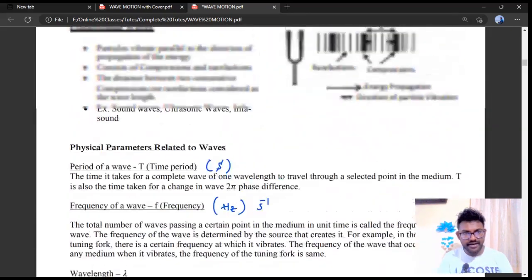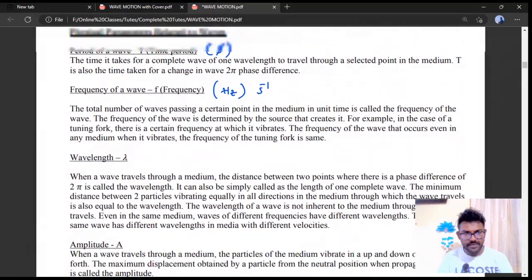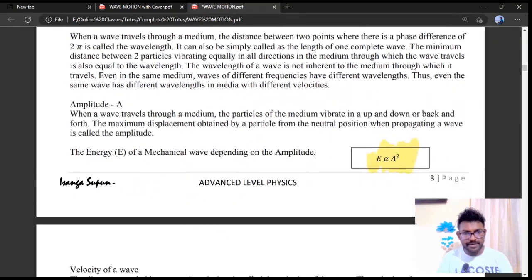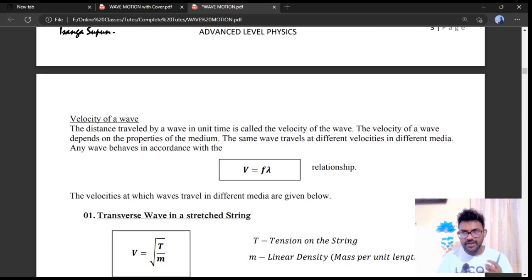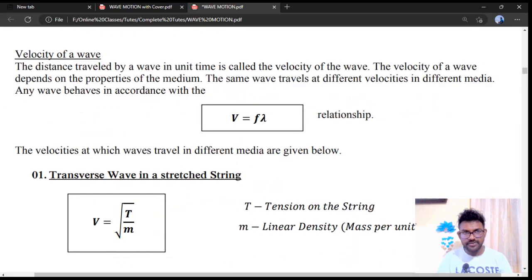So we are currently at these physical parameters related to waves. Now we have considered the time period, frequency, wavelength, amplitude, and finally the velocity of the wave, right? There will be a certain velocity for these waves to propagate, right?